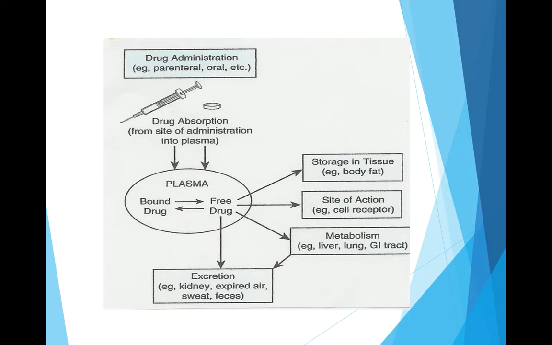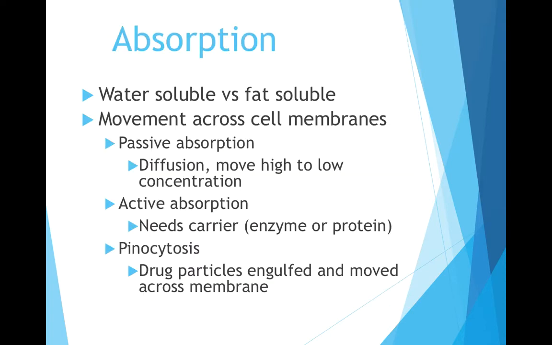The free drug is the drug that's available to be used to provide the action of the drug. So the drug itself can become stored in the body, it can be utilized, it can be metabolized primarily in the liver, and then excreted primarily in the kidneys. And we're going to talk about all of those phases in the next several slides.